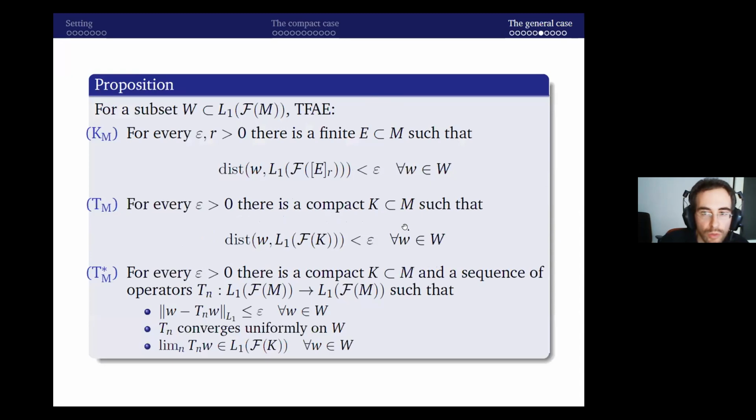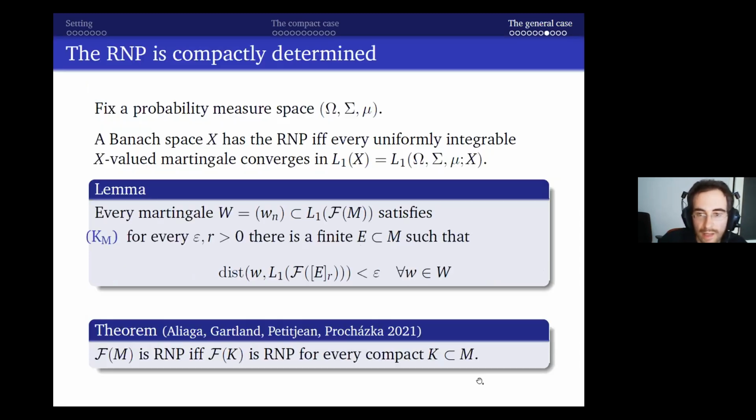Then we can also prove an analog of this equivalence proposition that I showed you before. It's again exactly the same, but replacing free spaces with L1 over these free spaces. And the argument is almost verbatim the same. We just need to adapt the setting. And then again, using a similar argument, we get finally that the Radon-Nikodym property is also compactly determined. It's also given by the Radon-Nikodym property over compact subsets.